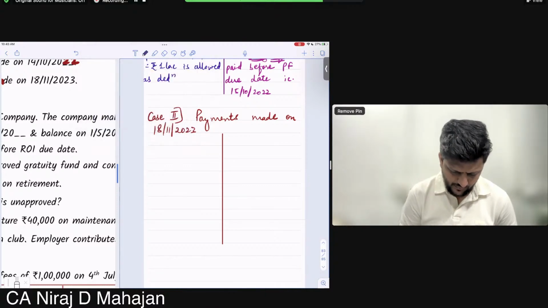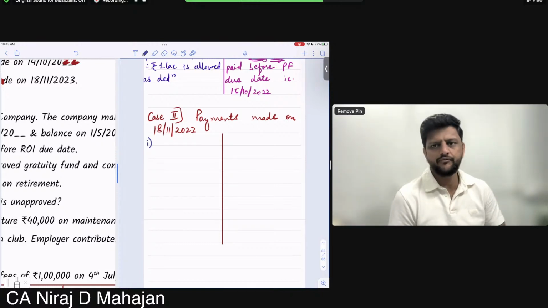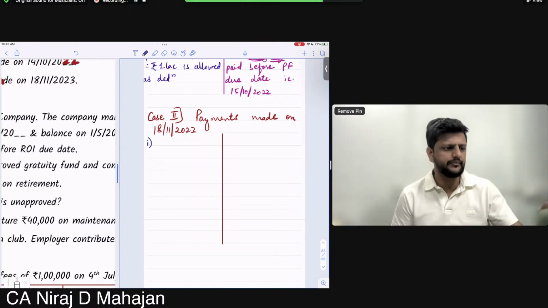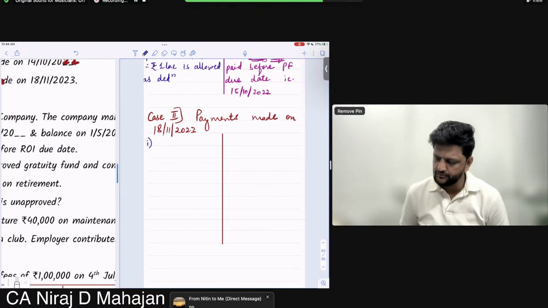First, is 43B applicable? That amount is part of 43B. Clear till here, all of you? And did the person pay up to the ROI due date? No, not allowed as deduction.